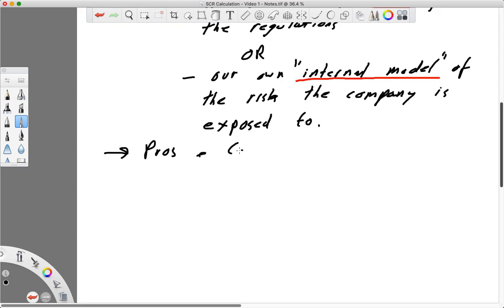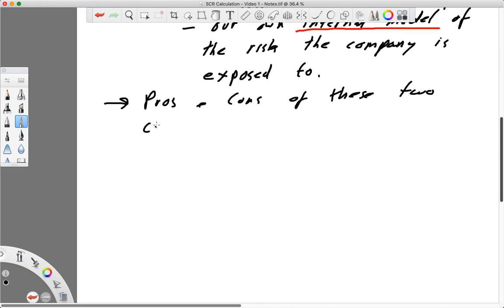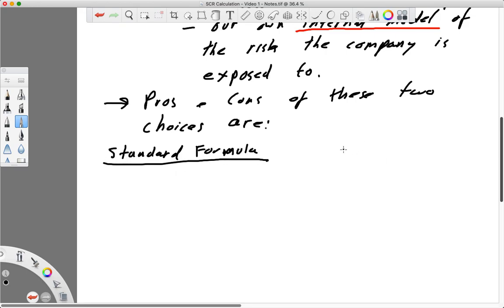There are pros and cons of both of them. Pros and cons of these two choices: let's put the standard formula over here and internal model over here.